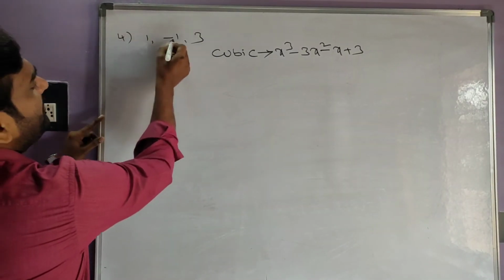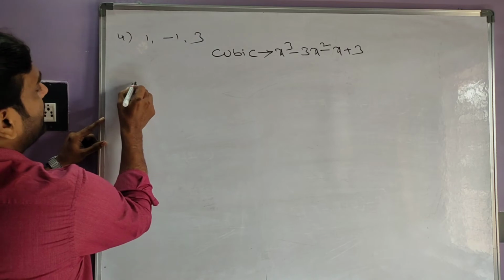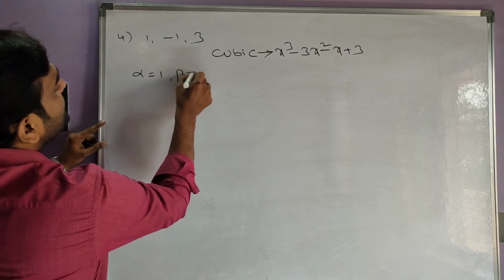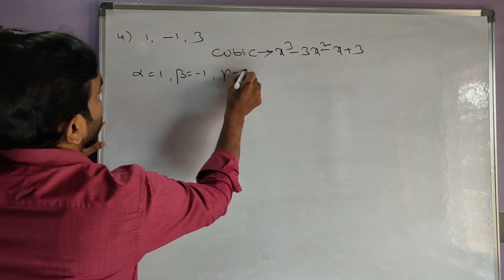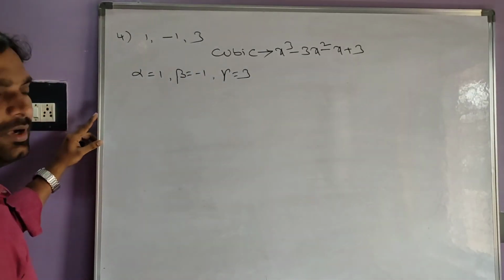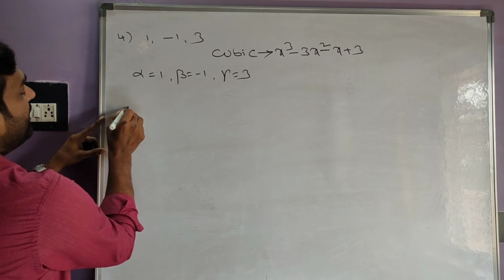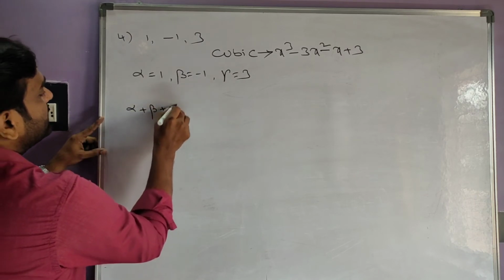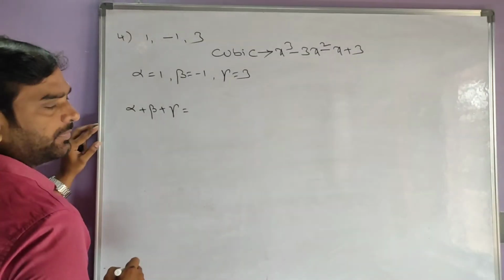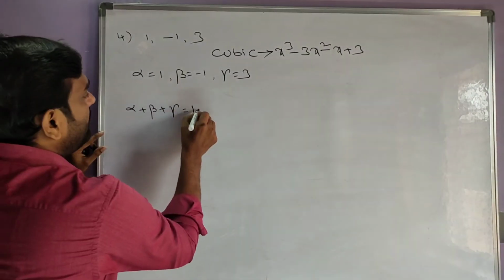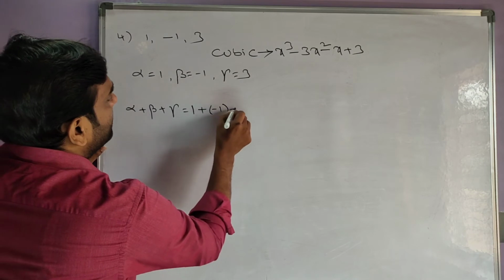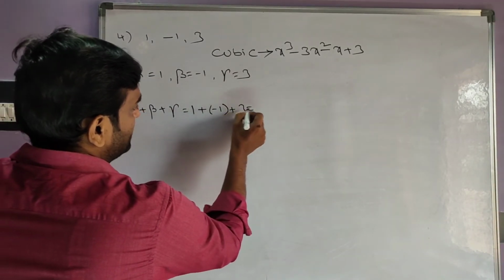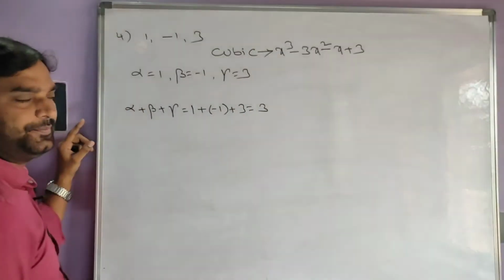Take these as alpha, beta, gamma. Alpha is 1, beta is minus 1, and gamma is 3. Sum of the roots: alpha plus beta plus gamma is 1 plus minus 1 plus 3. 1 minus 1 cancel, 3.